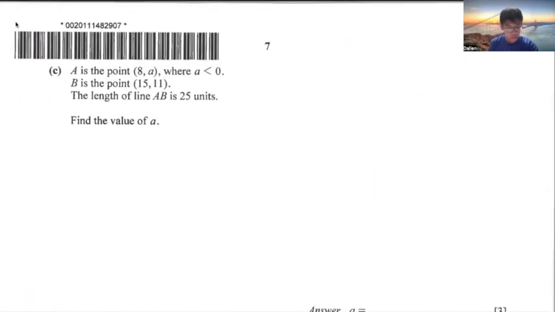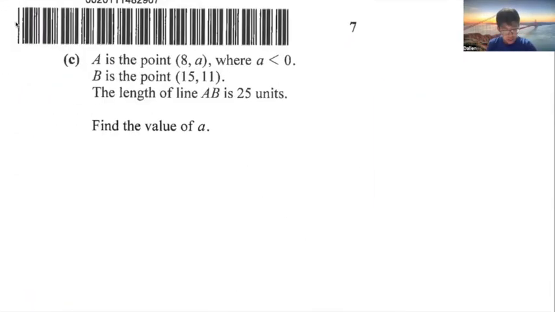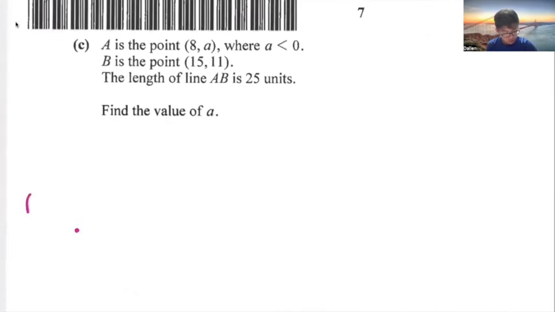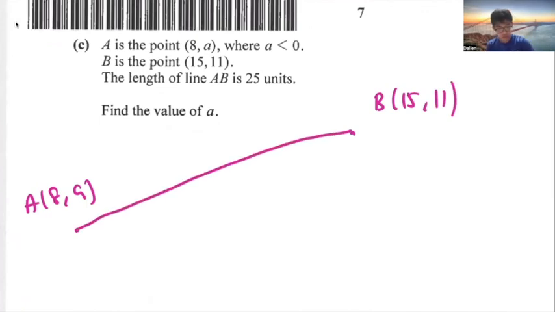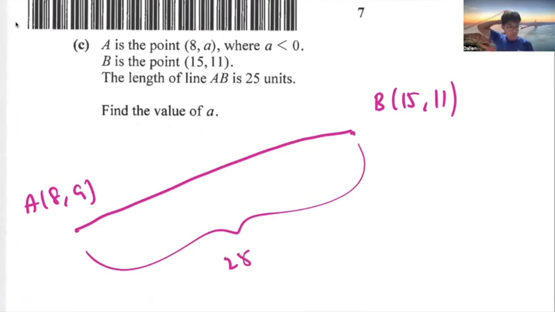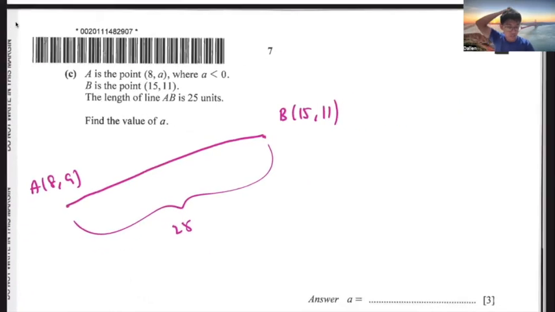Okay, part C. A is the point (8, a), B is the point (15, 11). The length of the line is 25 units. Find the value of a. So how do we find the length of AB?